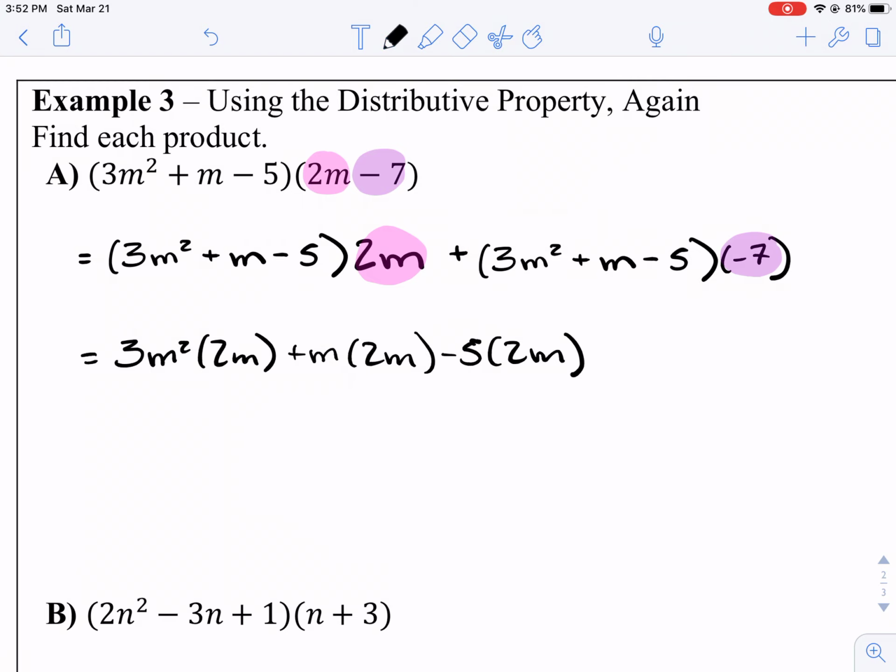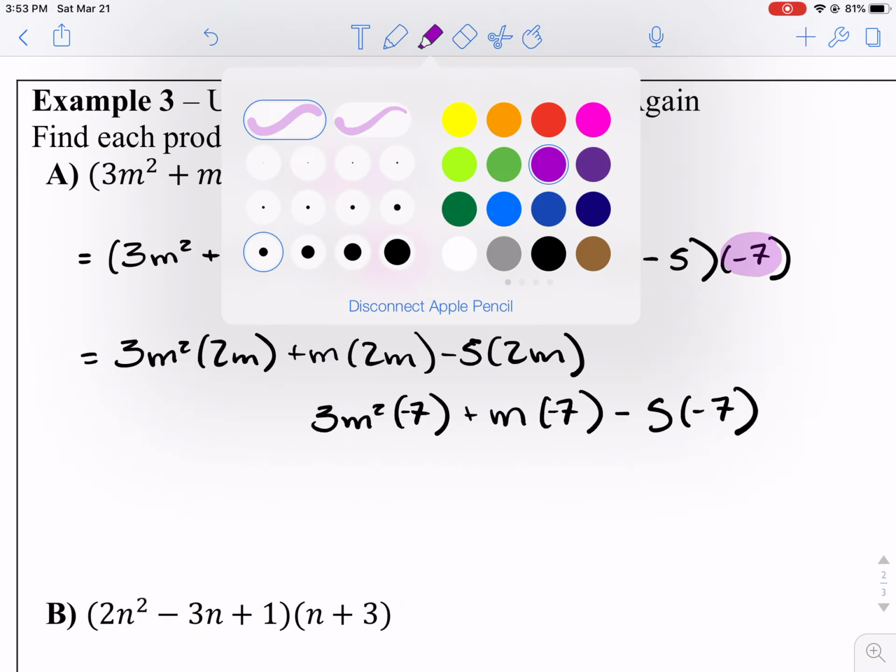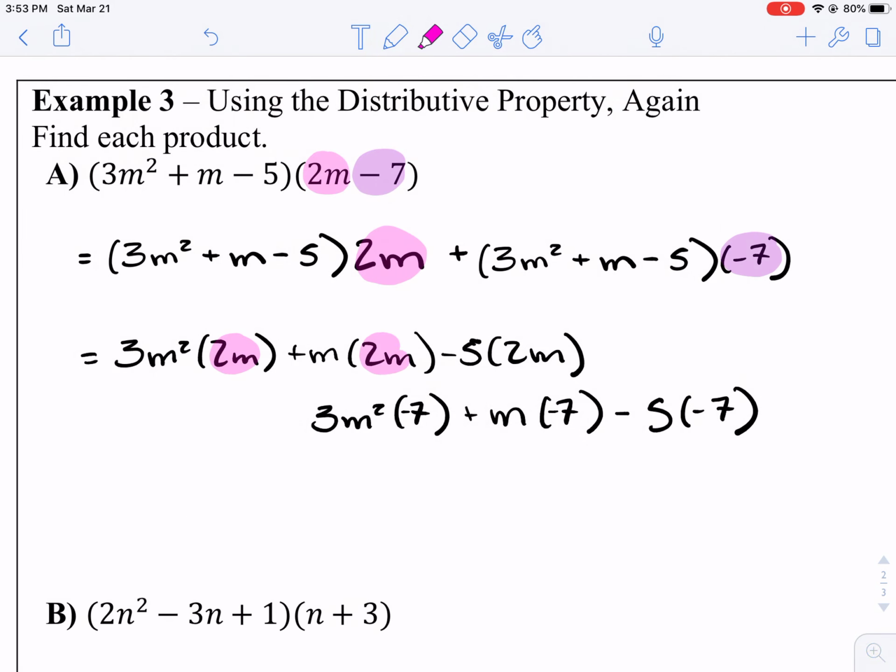And then we'll have 3m squared times -7 plus m times -7 minus 5 times -7. So I took my first trinomial and I multiplied a 2m times every term. And then I took that trinomial again and I multiplied a -7 into every term.